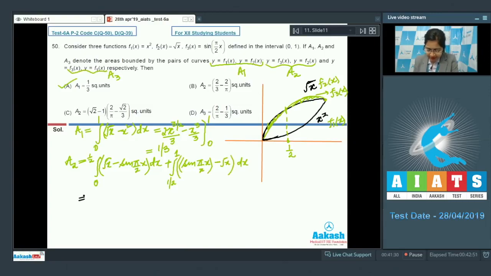So this will be equal to x raised to the power 1 by 2. Its integral will be 2 by 3 into x raised to the power 3 by 2.